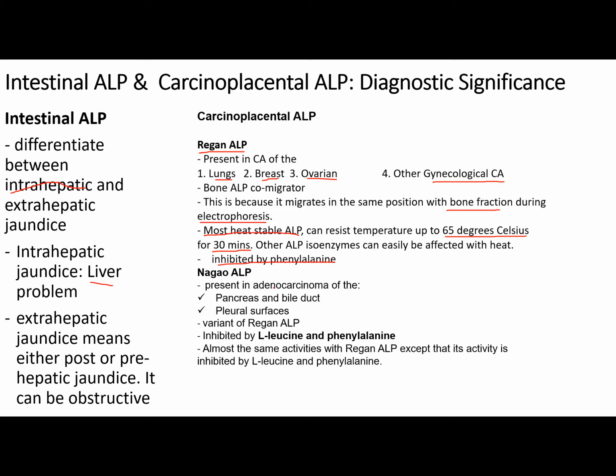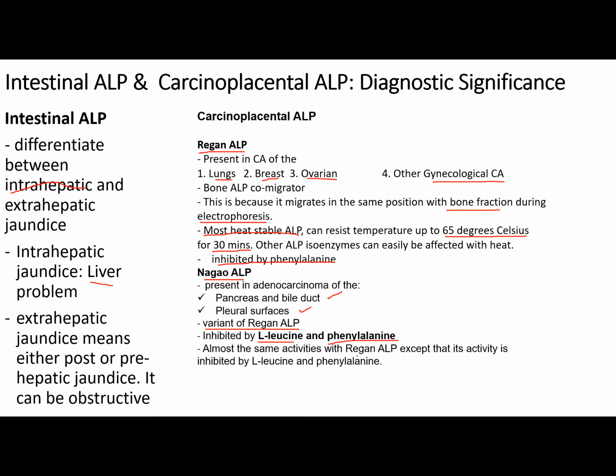Then another type of ALP under carcinoplacental ALP is the Nagao ALP, present in the adenocarcinoma of the pancreas and the bile duct, pleural surfaces, a variant of Regan ALP. So this is a variant of Regan ALP, class, inhibited by L-leucine and phenylalanine.